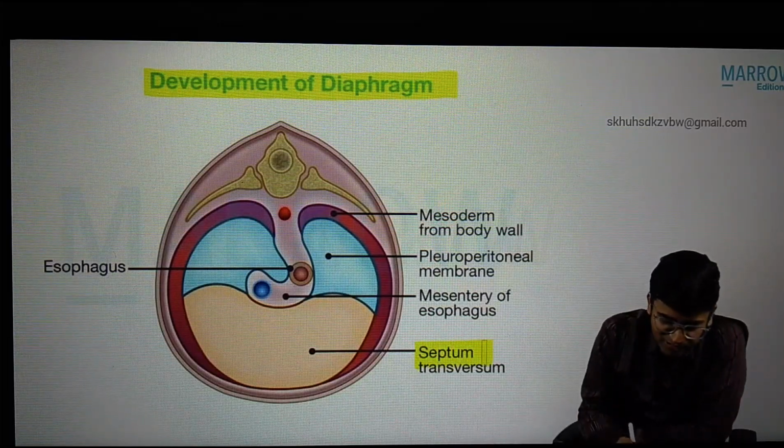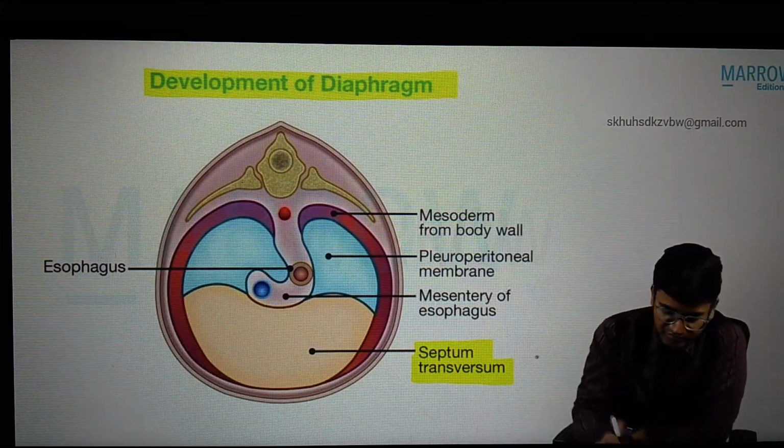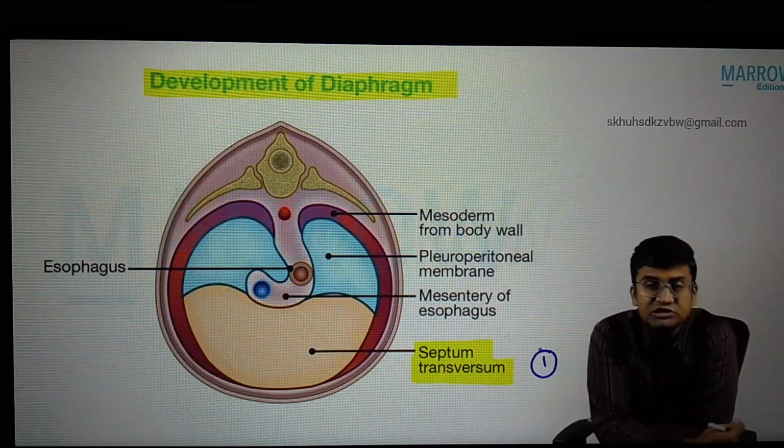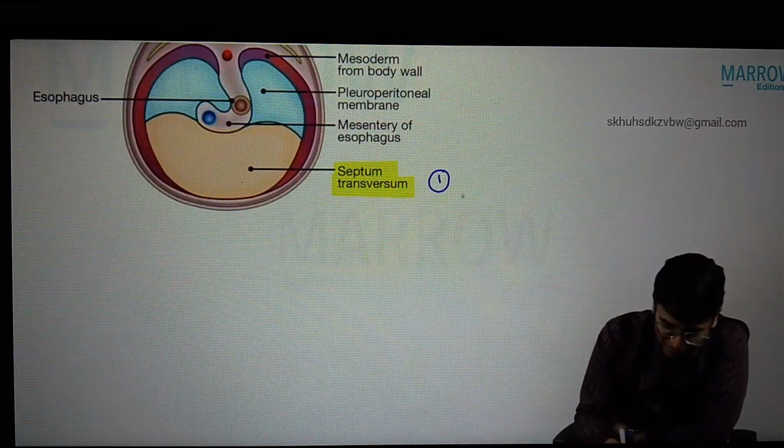Number one, septum transversum. It is not only giving contribution to the diaphragm, the septum transversum also forms the fibrous pericardium.